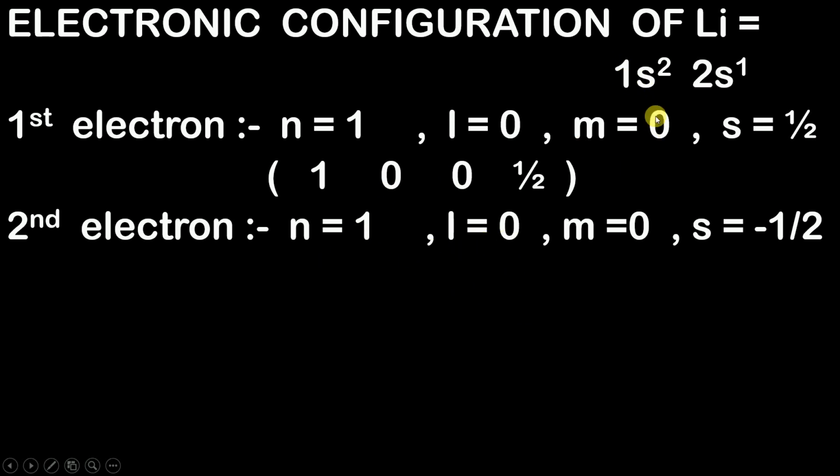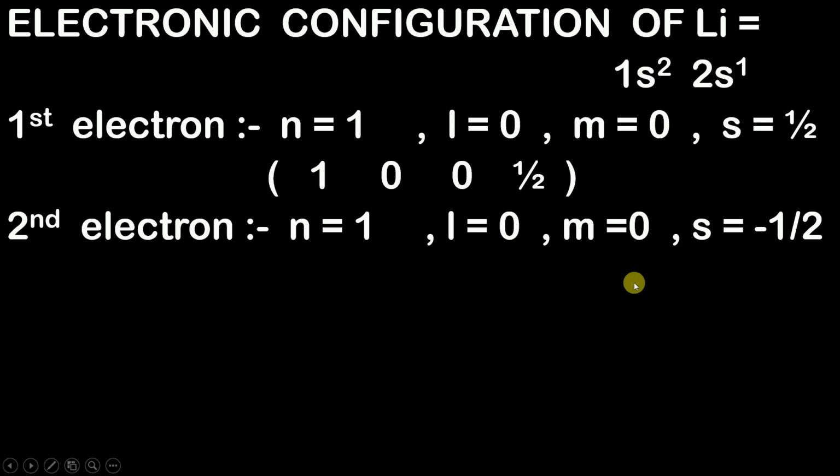Because it is in an s subshell, and the value of l for s is 0. And since the value of l is 0, the value of m, your magnetic quantum number, also becomes 0. And since the first electron in 1s is revolving in a clockwise direction, the second electron is going to revolve in an anti-clockwise direction.